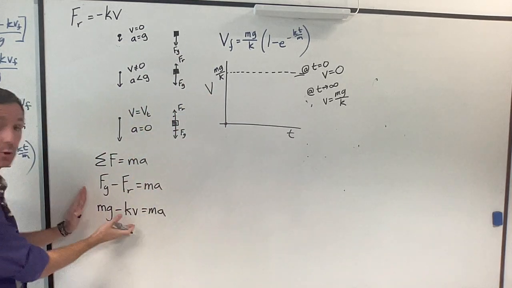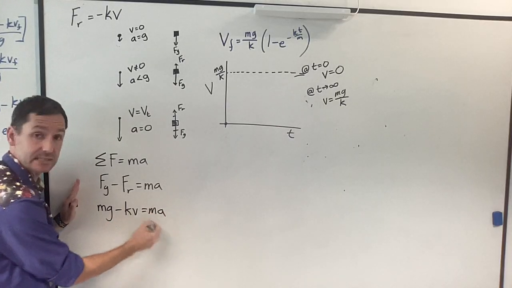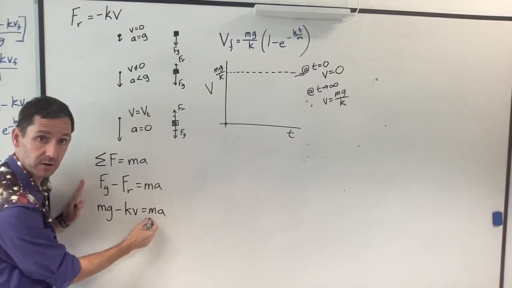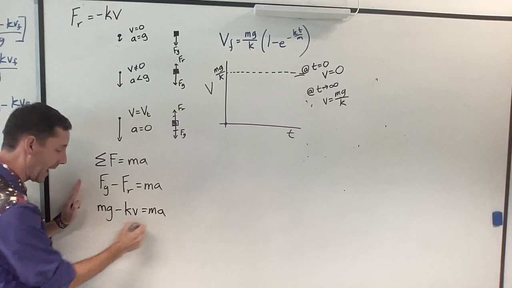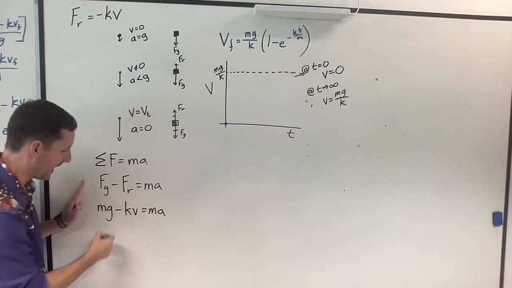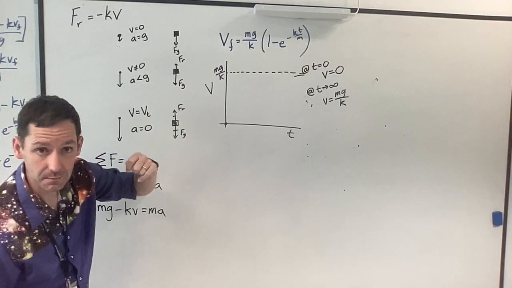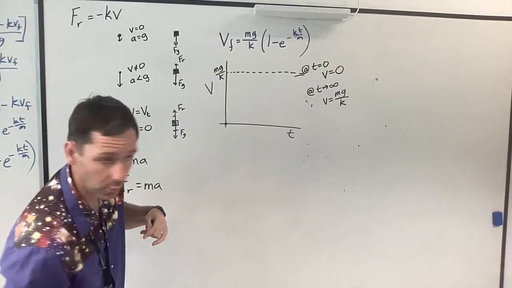If you go back to the equation that we said that you should know and be comfortable with, when acceleration is 0, that's when we get terminal velocity. And if you solve, you add the kv, you divide by k, and you get mg over k is equal to v. And so therefore, we have shown the same thing with the equation.